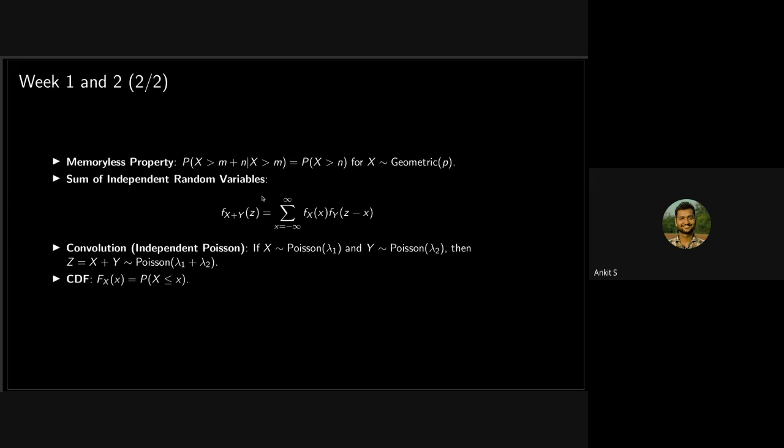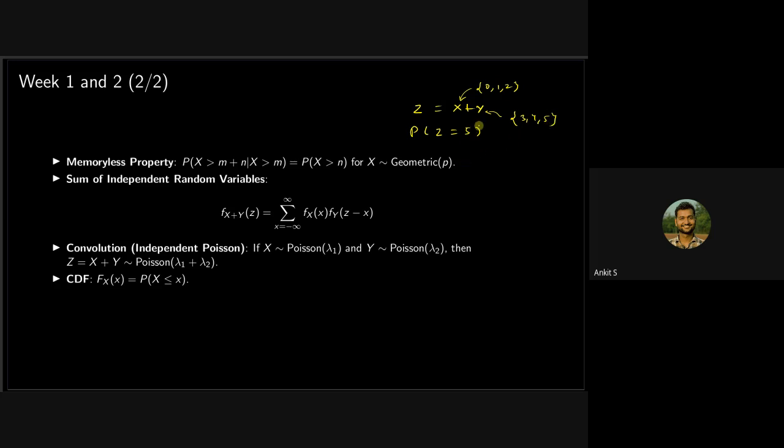Then we looked at the concept of sum of independent random variables. Suppose you have two random variables x and y, with z equal to x plus y, and you want to calculate the probability that z takes some value. X has a discrete range 0, 1, 2, and y has a discrete range 3, 4, 5.